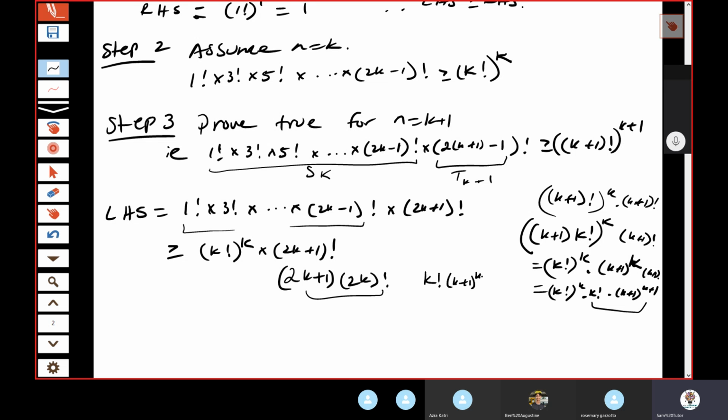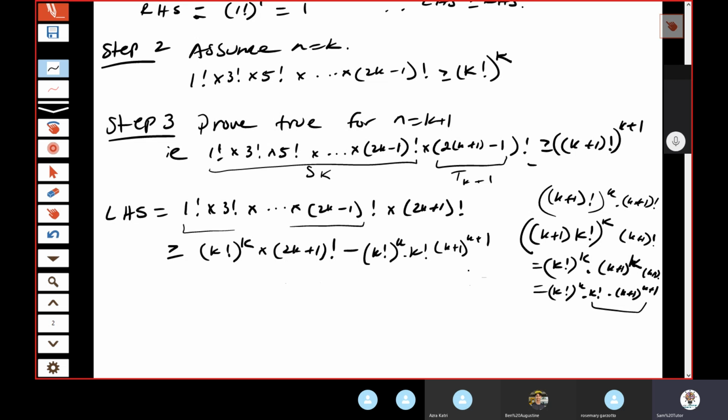K factorial, k plus 1, k plus 1. And if I try to pull it, would that help? Let's have a look. Minus k factorial, k factorial, k plus 1, k plus 1.